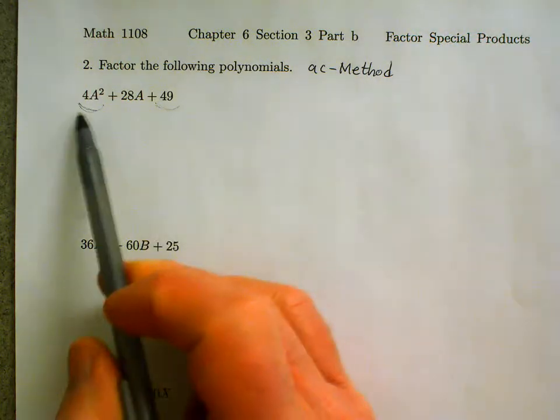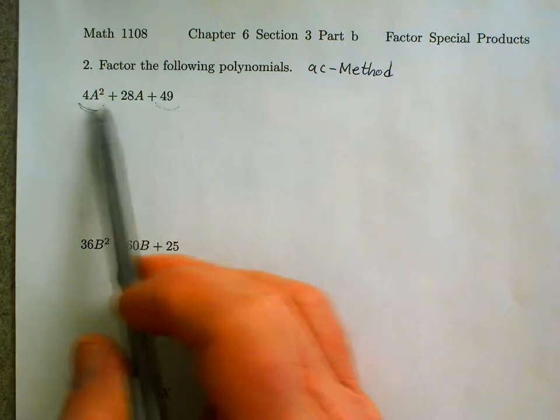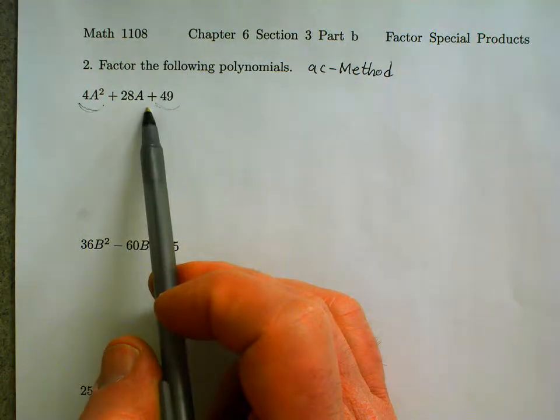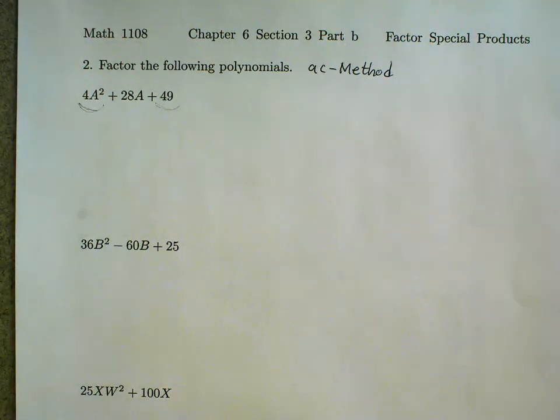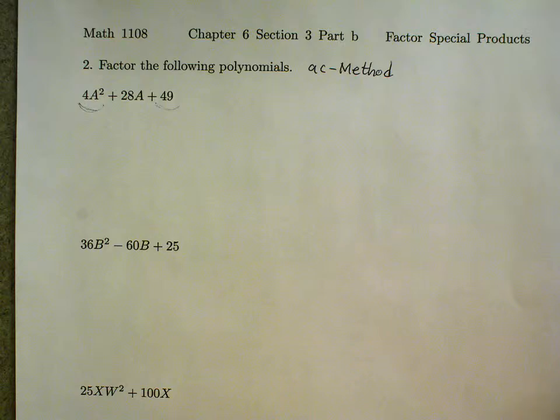When factoring a trinomial in one variable, the AC method will always, if you apply it correctly, lead you to the correct result.